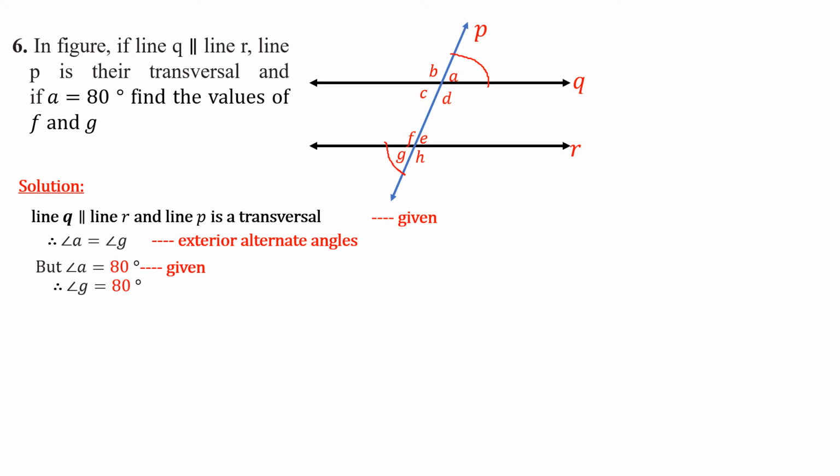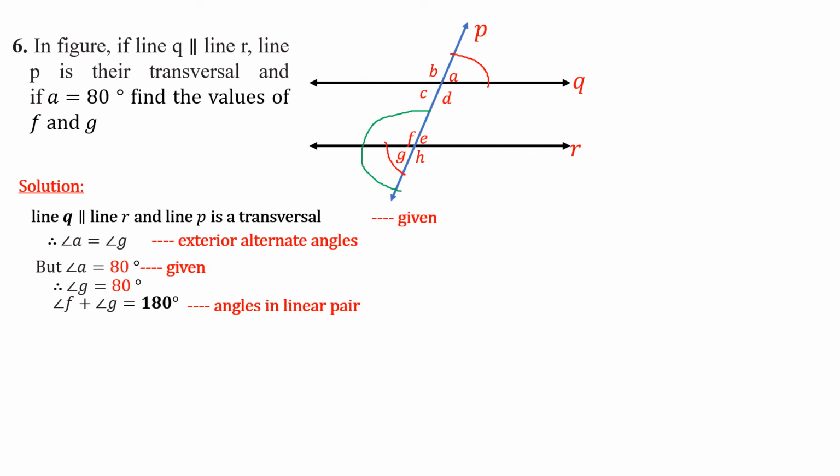Now, what about angle G and F? G and F form linear pair. Angle F plus angle G is equal to 180 degree. Write down the reason. Angles in linear pair.